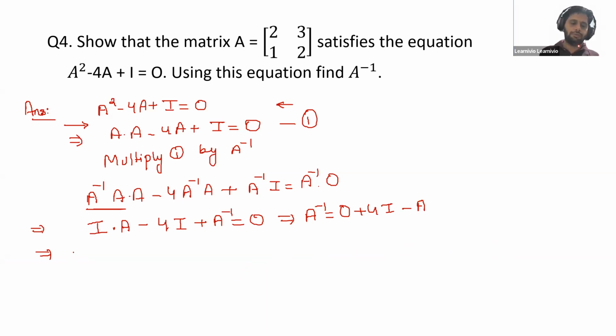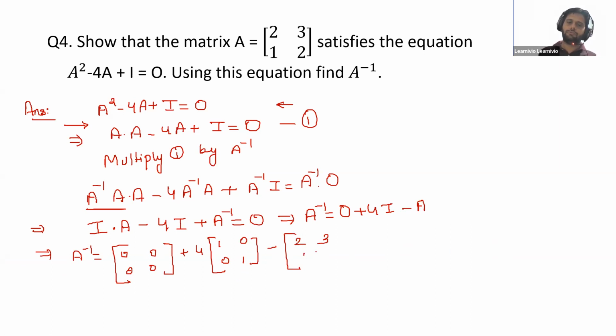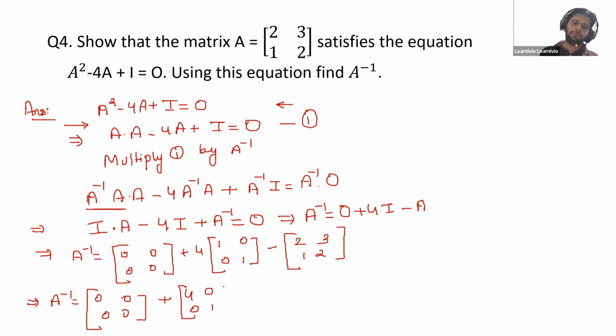Now A inverse is equal to, put all the values. Null matrix means 0, 0, 0, 0. 4I means 4 into 1, 0, 0, 1. Minus A means minus 2, 3, 1, 2. So here we will get A inverse is equal to 0, 0, 0, 0 plus 4, 0, 0, 4, minus 2, 3, 1, 2.